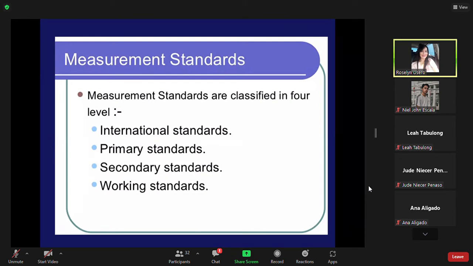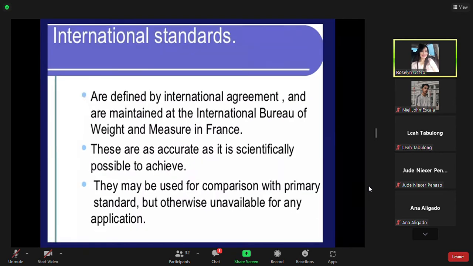Now, measurement standards are classified into four: the international standards, the primary standards, the secondary standards, and lastly, the working standards. What are international standards? They are defined by international agreement and are maintained at the International Bureau of Weights and Measures in France.